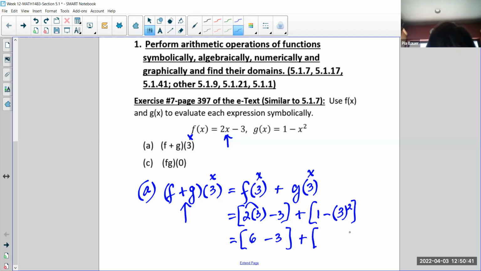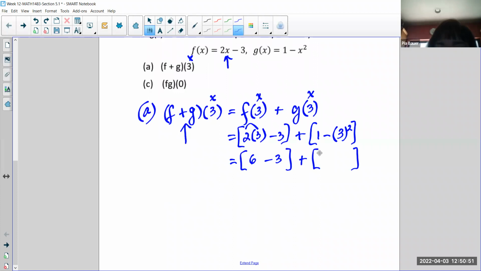We do what is inside the brackets first, and squaring has priority. So we're going to have to square 3 first. So 3 squared is 9, so that will be 1 minus 9. Continue working inside the brackets. 6 minus 3 gives us 3, plus 1 minus 9 gives us negative 8.